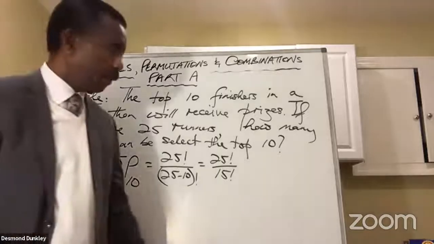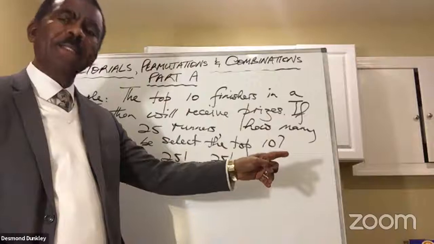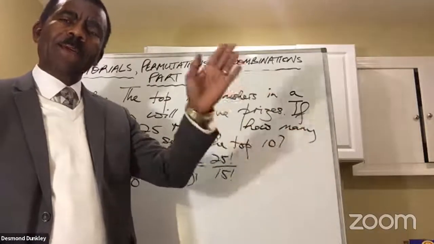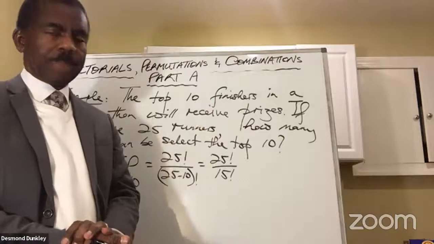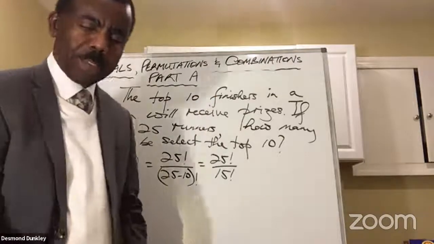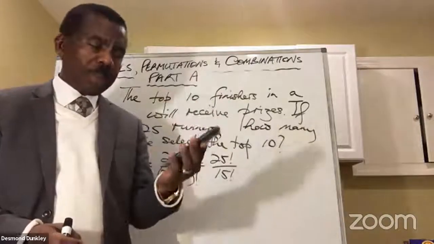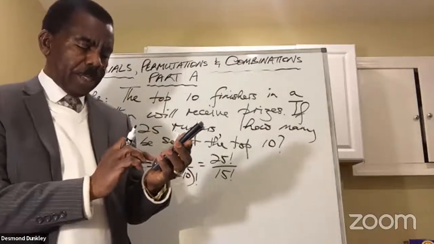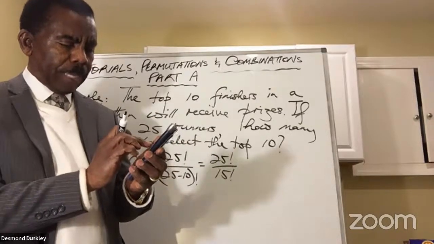And so therefore, it's going to be equal to 25 times 24 times 23 all the way down to times 16. Okay? So instead of me trying to do that in my head, I can take my calculator and I can say 25 factorial.